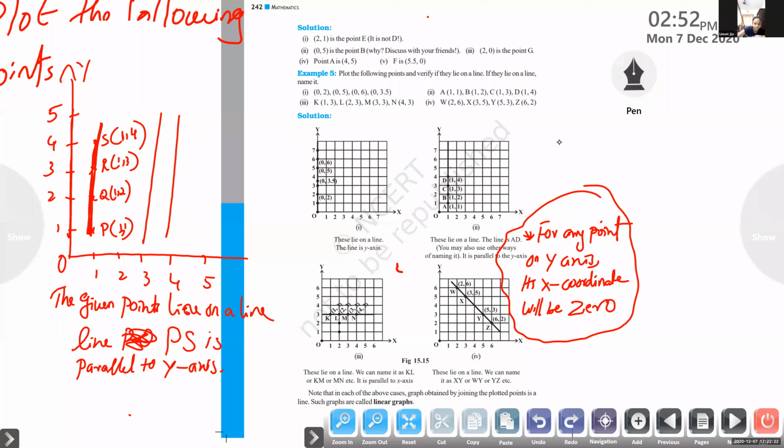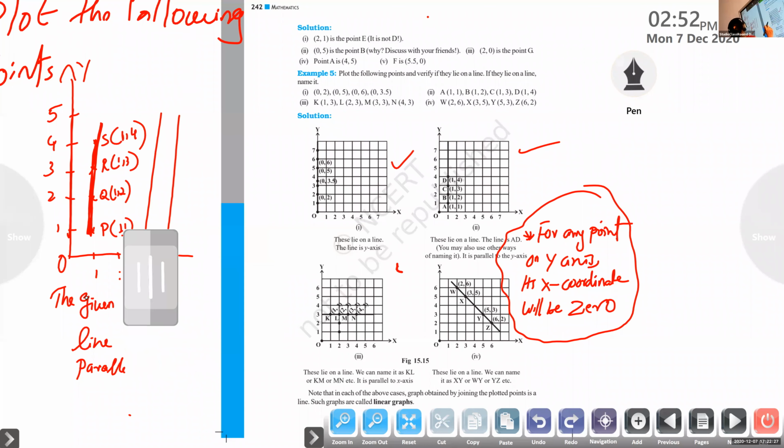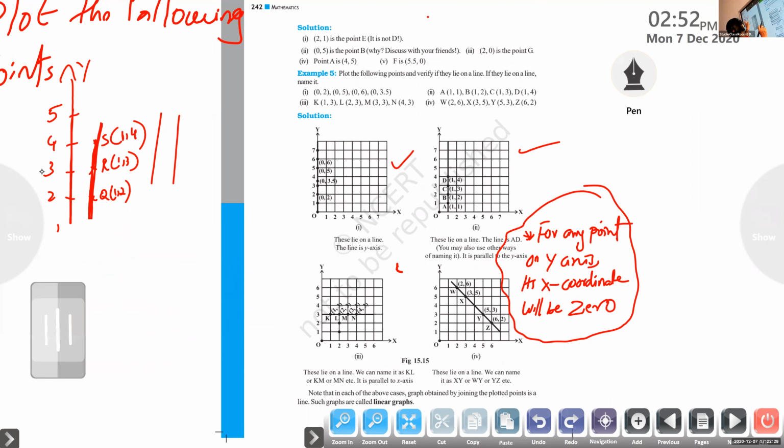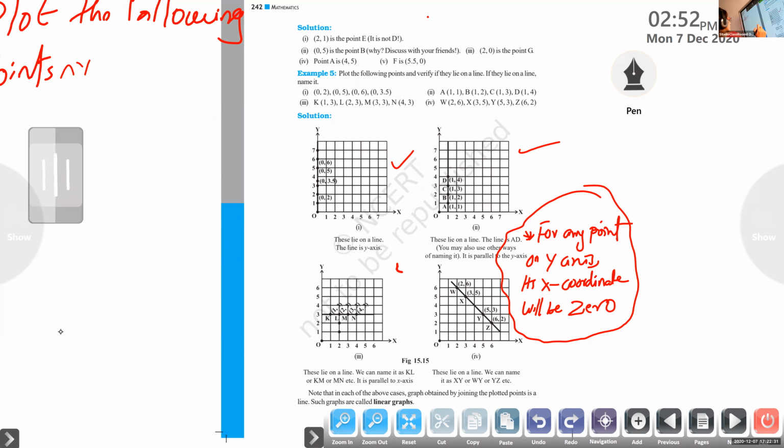Yes, ma'am. Now the third one. Draw the third one. Plot the points K, L, M, N. This one, third one.